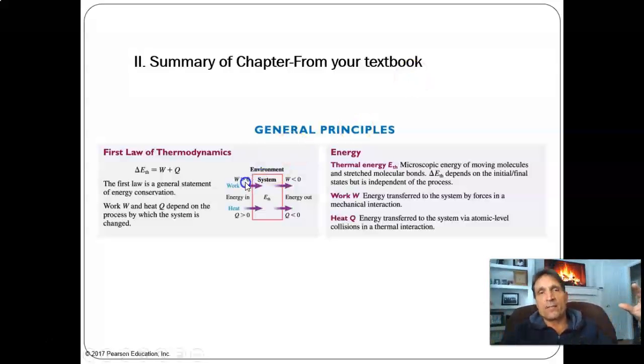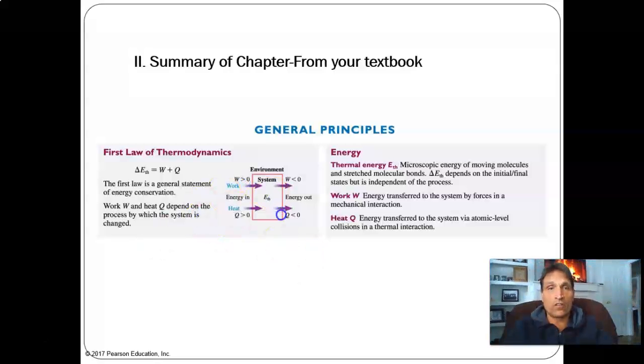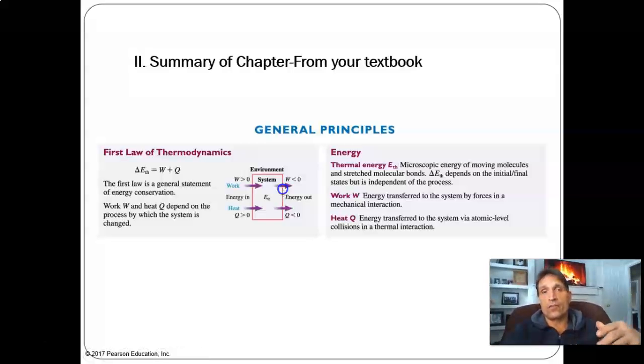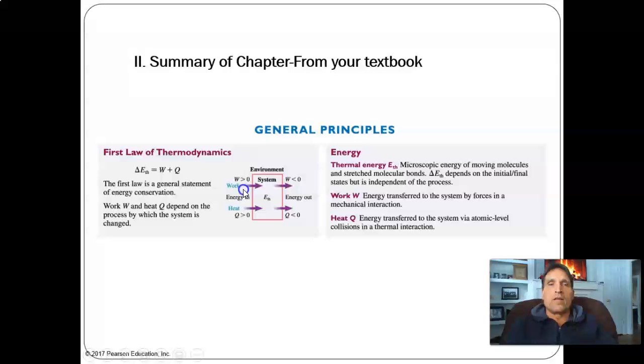The force done by the system is in the same direction as displacement, and so external work is positive. If a gas expands, or the volume expands, then the external work done is negative because the displacement and the external force are in the opposite directions. So positive work is done in compressing, negative work is done in expanding, external work.